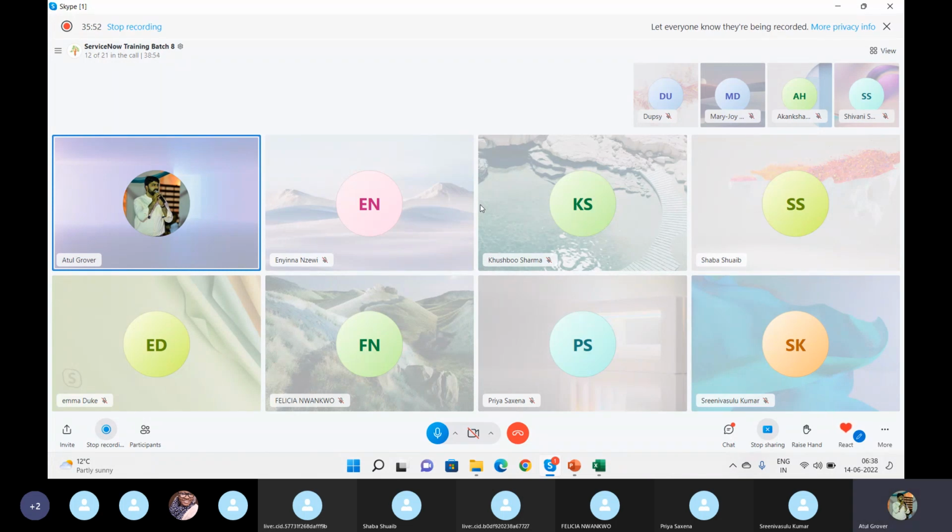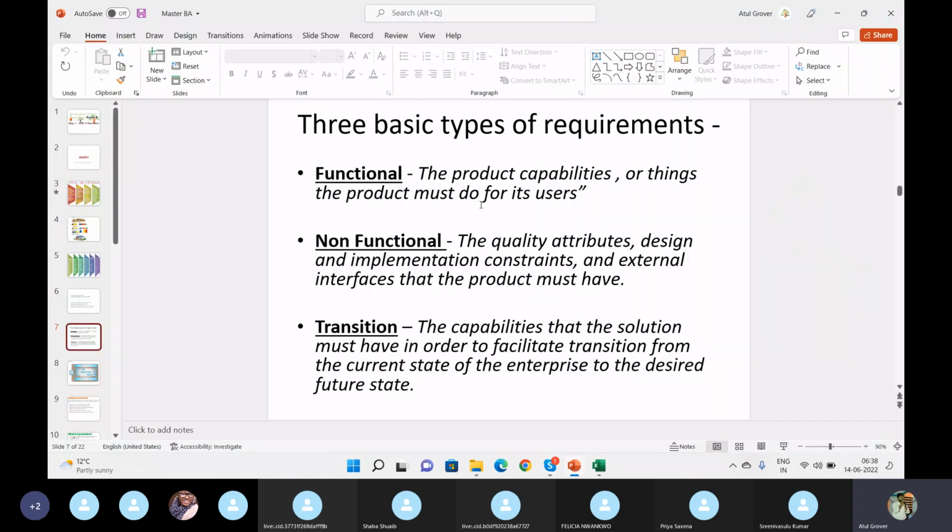Better you should not give me anything. I am not able to call anyone because it doesn't have calling functionality. So functional requirements are those which the product must have for the users. Otherwise, that is not the product I'm looking for. Then Priya says, Atul, better you should gift me the iPad. At least I can use it for laptop purposes.